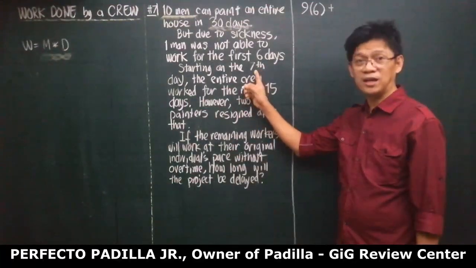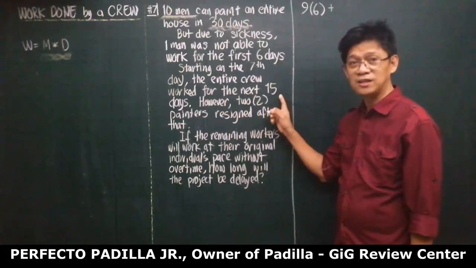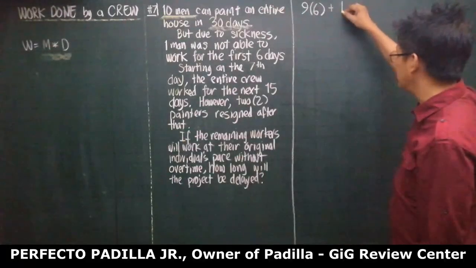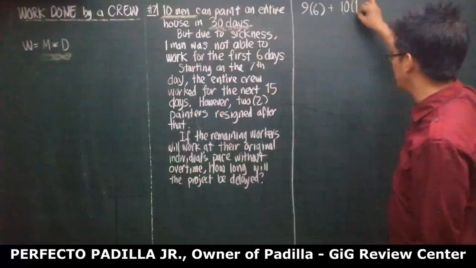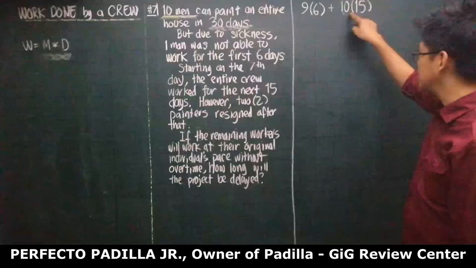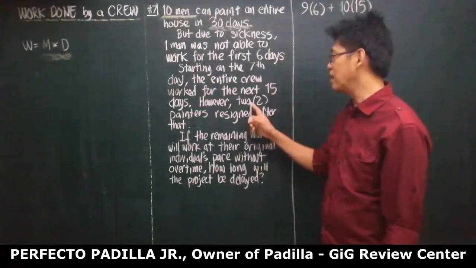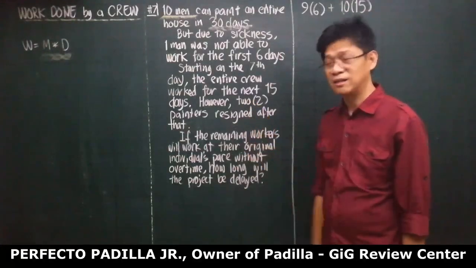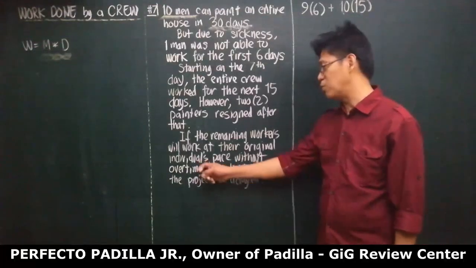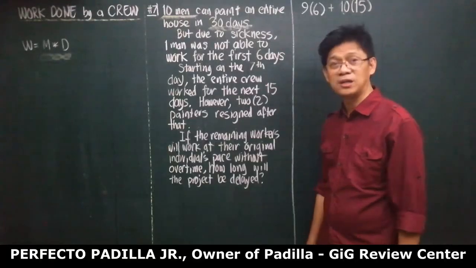Starting on the 7th day, the entire crew worked for the next 15 days. So, kompleto sila sa 15 days. So, yung nagawa nila is 10 men working for 15 days. So, additional 150 man days. Ang kaso, after 15 days, dalawang painter nag-resign. If the remaining workers will work at their original individual pace without overtime, how long will the project be delayed?